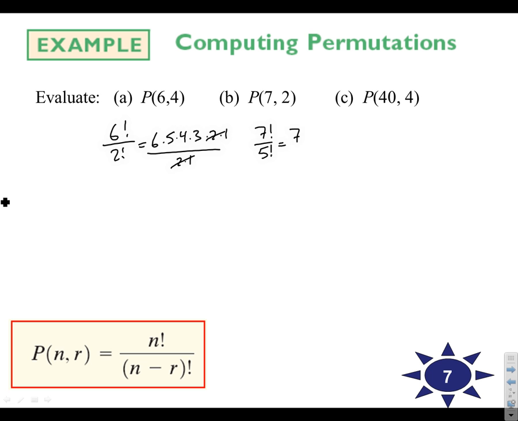So this would be 7 times 6, because once we hit 5, we'll cancel. And P40, 4 would be 40 factorial over 36 factorial, which would be 40, 39, 38, 37, and then we would stop. All right, so we can plug those into our calculator to get the exact numbers, but that's the setup. All right, after seeing that, try problem 7.